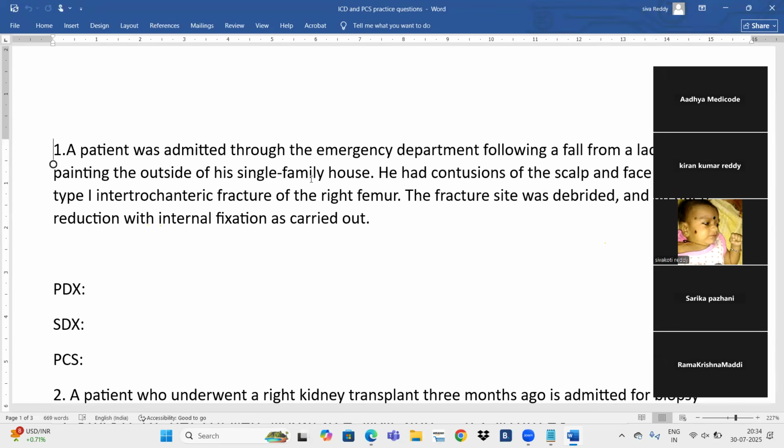Head, scalp, bone, hand. Femur is there, sir. The lower extremity? Is it lower extremity or bone?